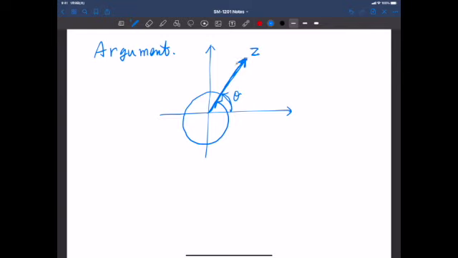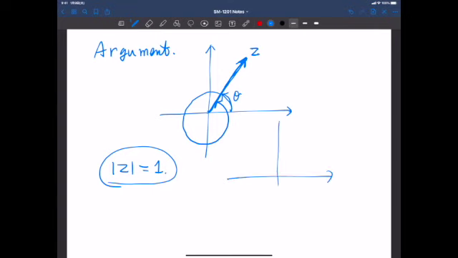So the first definition of the argument is this. We define the argument of a complex number with modulus 1. So we first define the argument only for these complex numbers, that is, the complex numbers on the unit circle in this plane. This is a circle with radius 1.